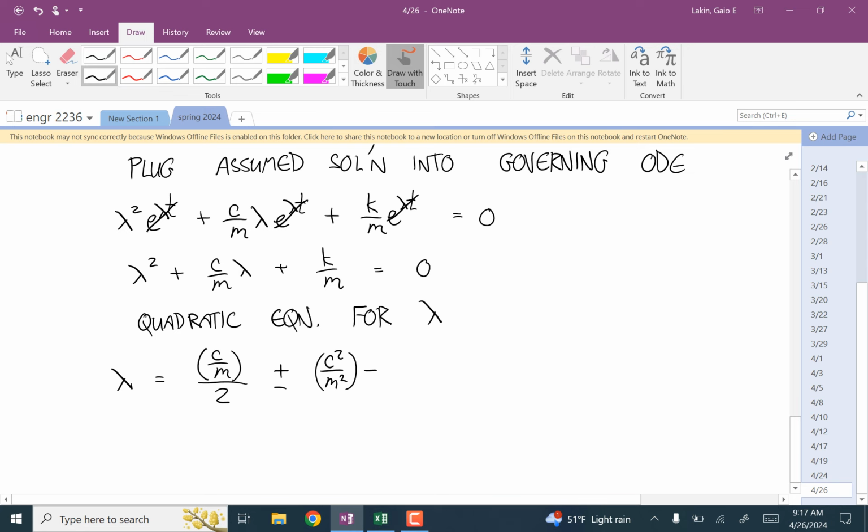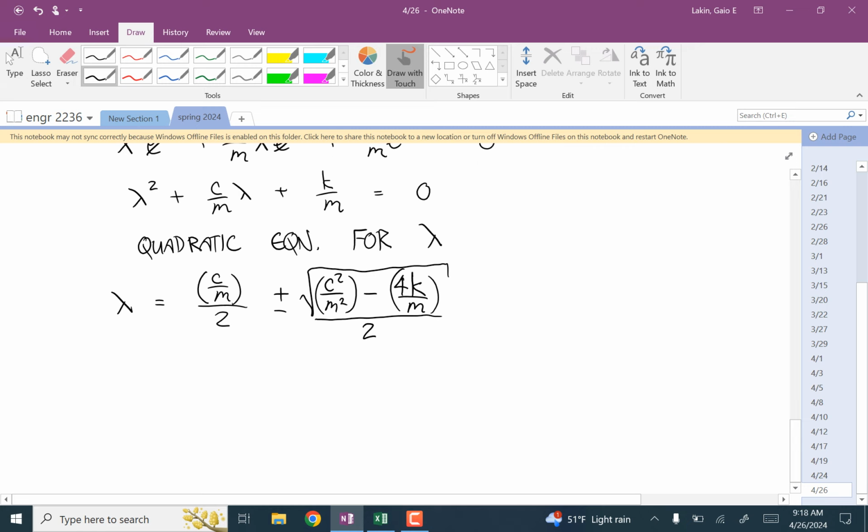So this is minus 4k over m, square root of all this, divided by 2a, so that's just 2 here. Okay, and now we can simplify this.